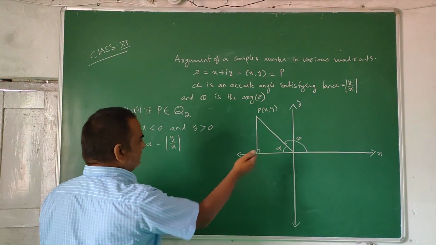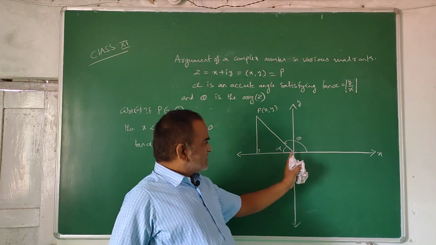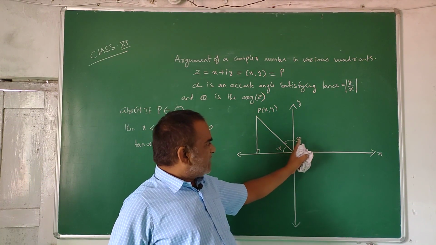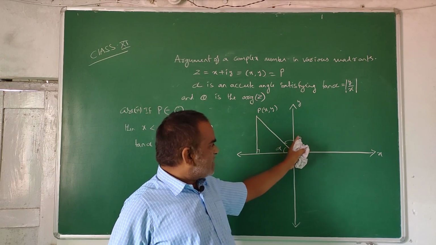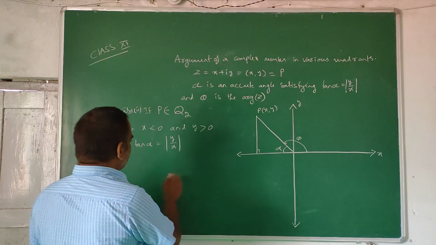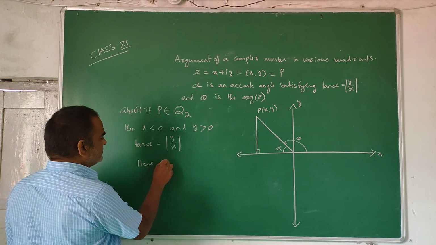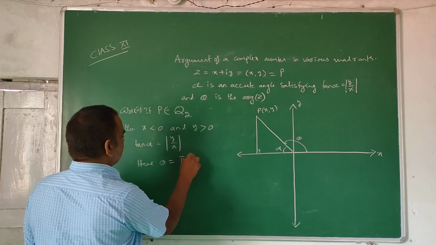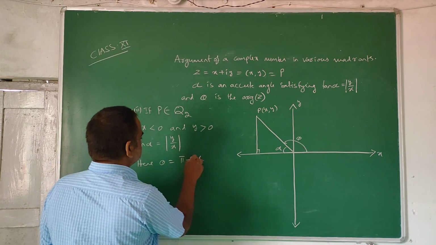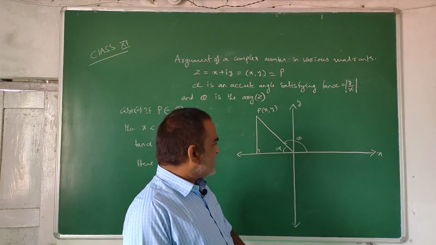Now it is very clear that here theta is equal to pi minus alpha. Is it clear? In this case, our theta is equal to pi minus alpha, because these two angles together form a linear pair.